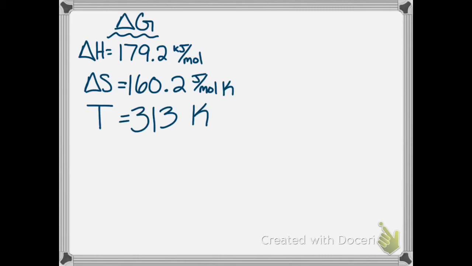Once we have all of this, we can take a look at the units of energy real quick, and we can see that kilojoules and joules do not match up. We need to convert one or the other. Again, I'm just going to convert the kilojoules to joules because that one was on the paper first. So now we're going to convert using our railroad tracks. I'm going to place that 179.2 kilojoules per mole in our first column of the railroad tracks.